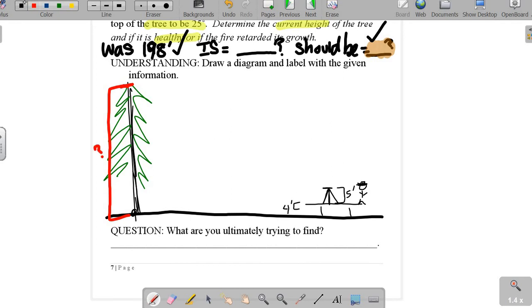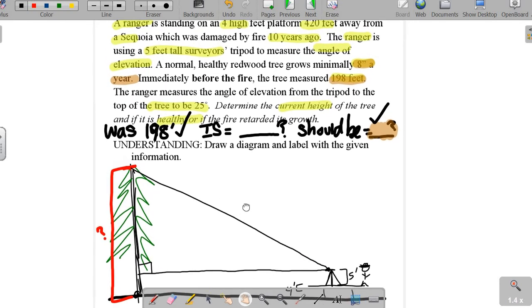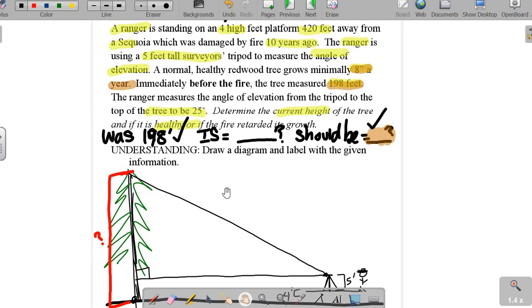But the measurement that's being taken starts at the tripod. So we create an imaginary line at the tripod, and the angle of elevation to the top of the tree is 58 degrees. Nope, not 58. Take it back. That was a different problem. 25 degrees.